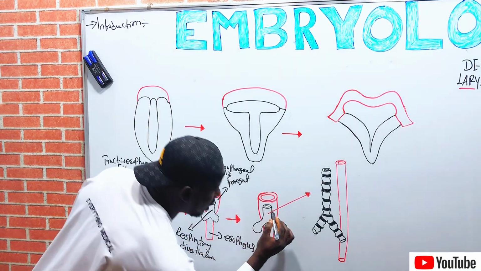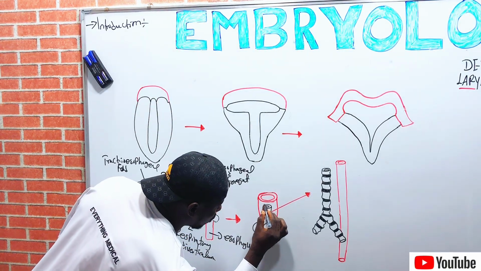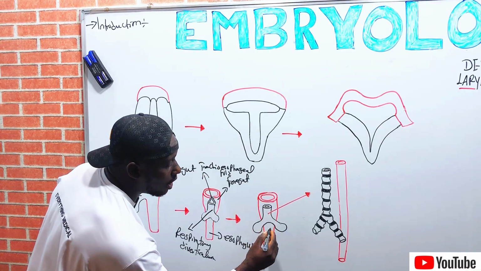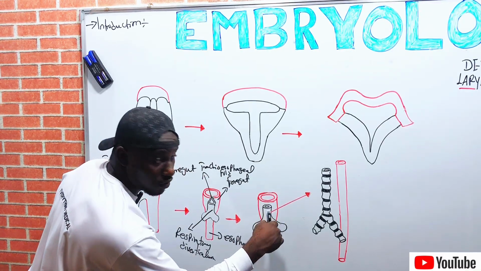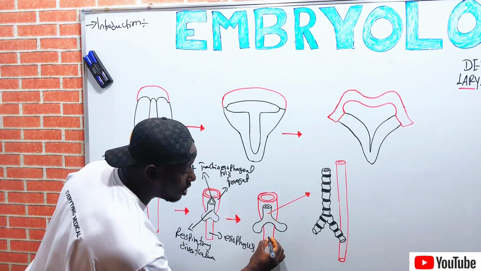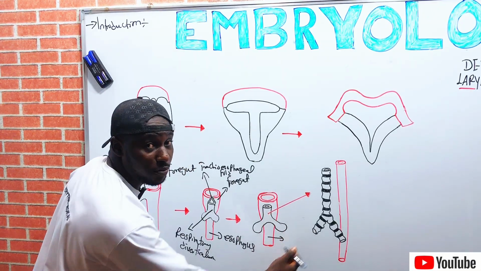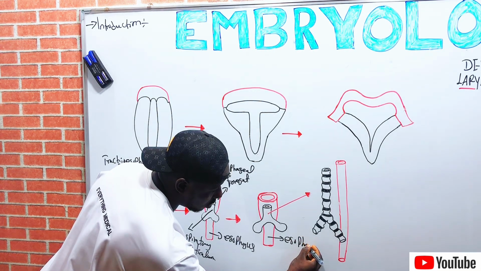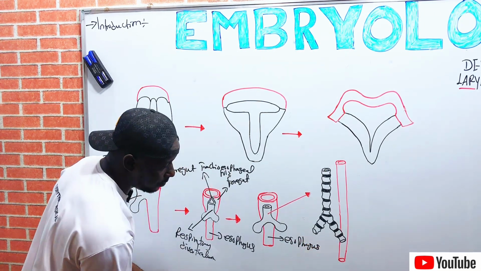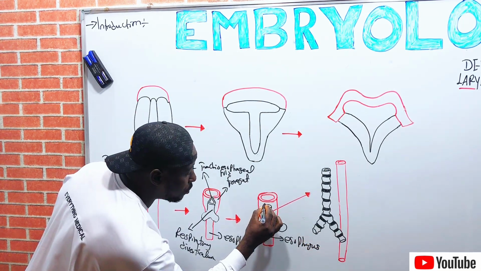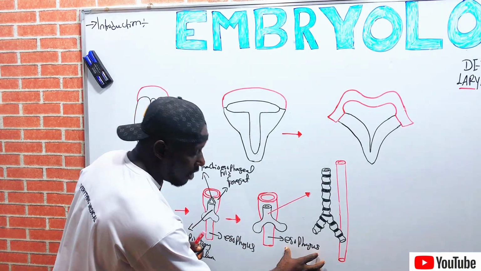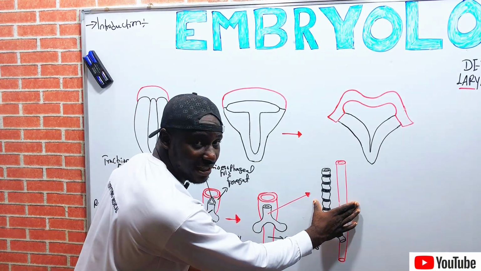There is a septum here, a partition, which separates the foregut, which led to the formation of the oesophagus. That is why the foregut forms the oesophagus, right? So here is the oesophagus, and that septum is here, which separates the oesophagus.